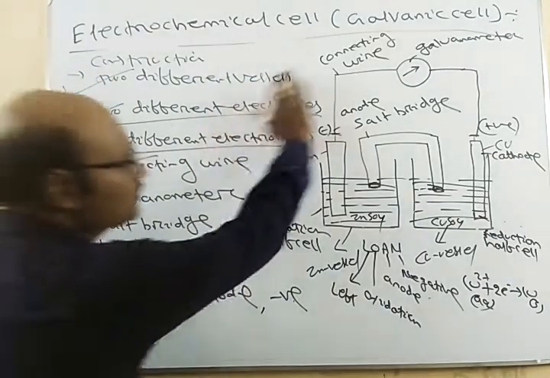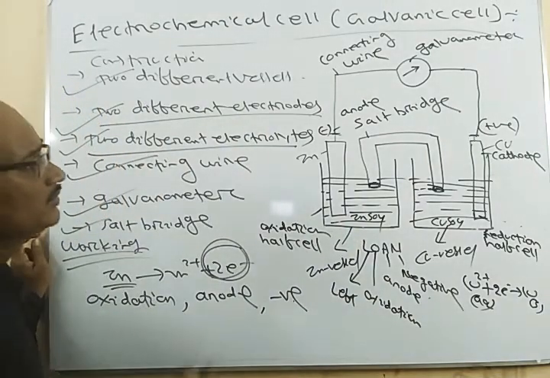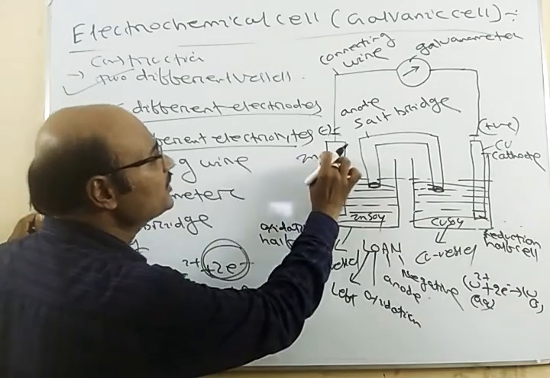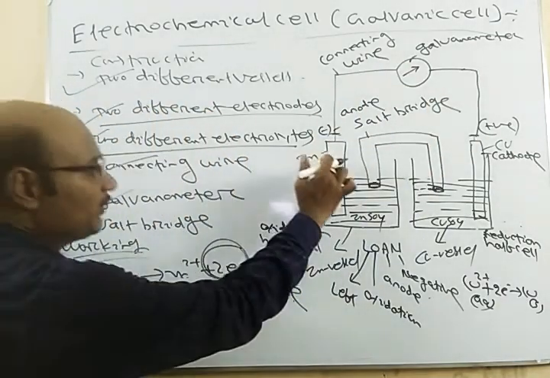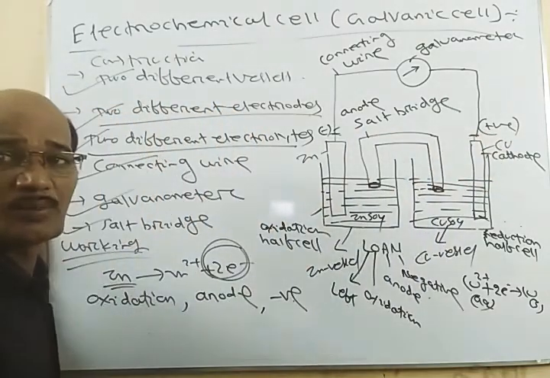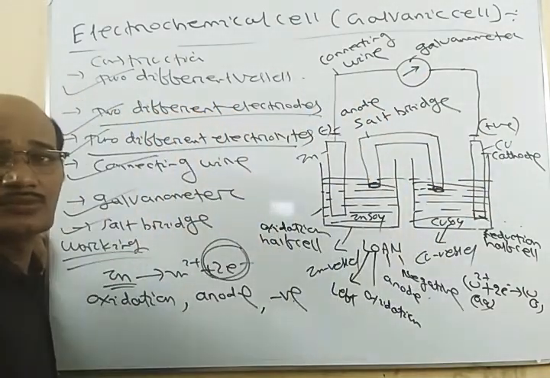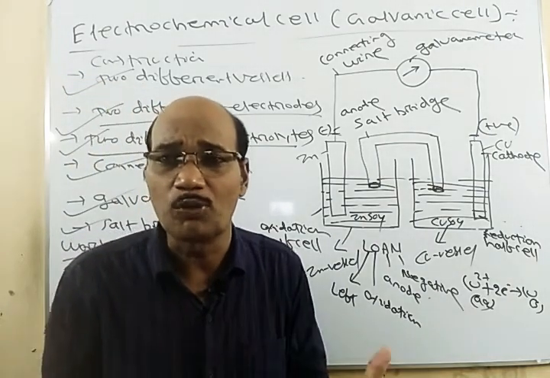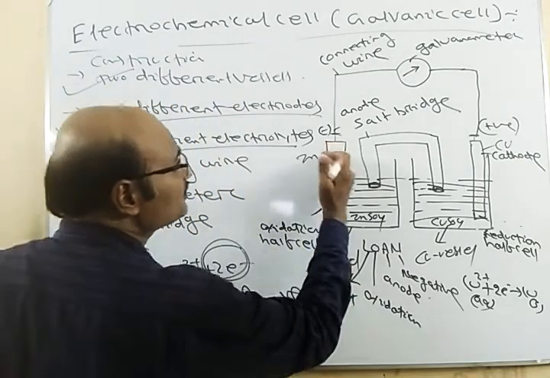Now in the whole process, we have seen there is a flow of electrons from this zinc electrode to the copper, from left to right, or from the oxidation cell to the reduction cell. We know electric current is nothing but the flow of electrons.